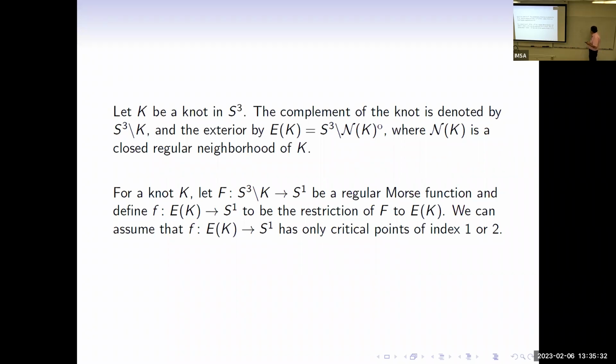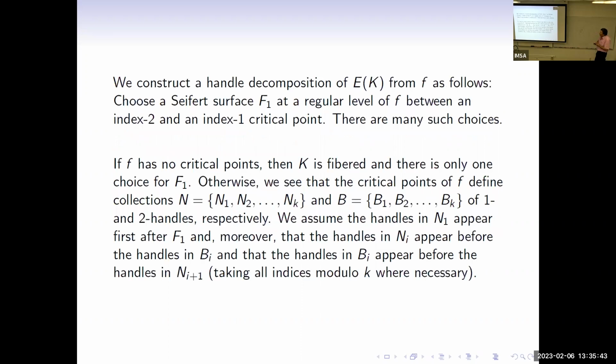And then this function can be modified so that it has only critical points of index 1 or 2. Okay. Now, if we take one non-critical level or regular level, we can find a Seifert surface. It's the inverse image of a regular level, we see a Seifert surface.